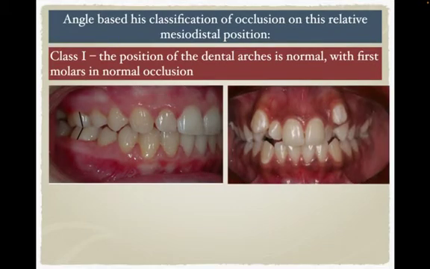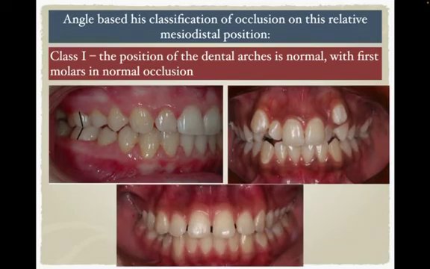But the problem could be crowding, for example, or spacing. As you can see here, the molar relationship on both sides is class 1, so we don't have an anterior-posterior discrepancy between the upper and lower jaws. But we could have other problems related, for example, to crossbite, crowding, or spacing that are localized to the dentition, not an AB discrepancy.